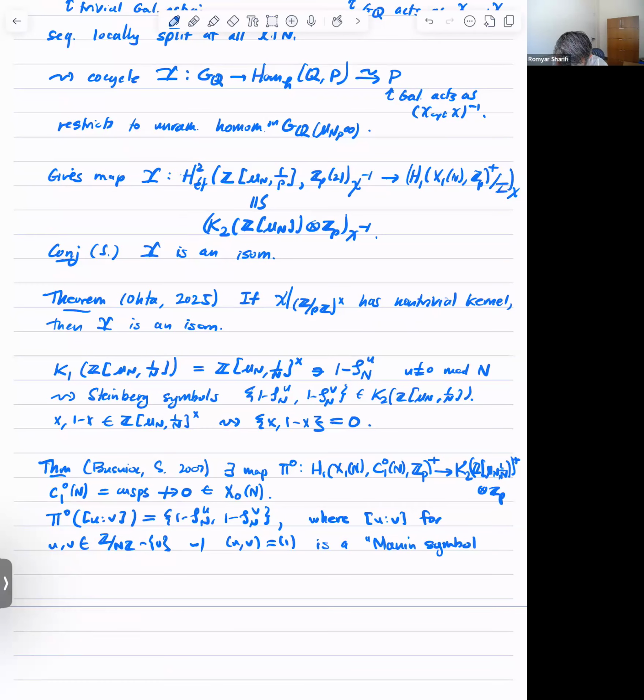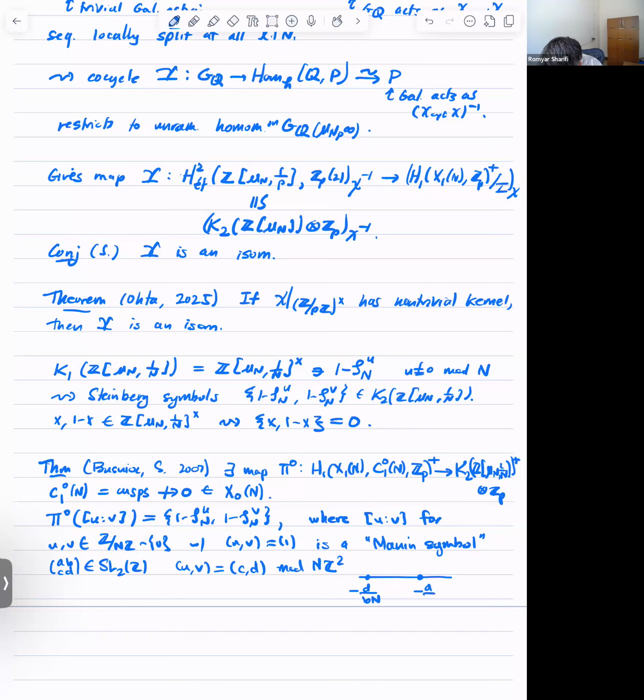And the way you do this is you fit (u, v) into a matrix (a b; c d) in SL2(Z) in the sense that (u, v) is the reduction of (c, d) mod n. And then you consider the class of, say, the geodesic. Doesn't really have to be, but between, the way I normalized it is, minus d over bn.